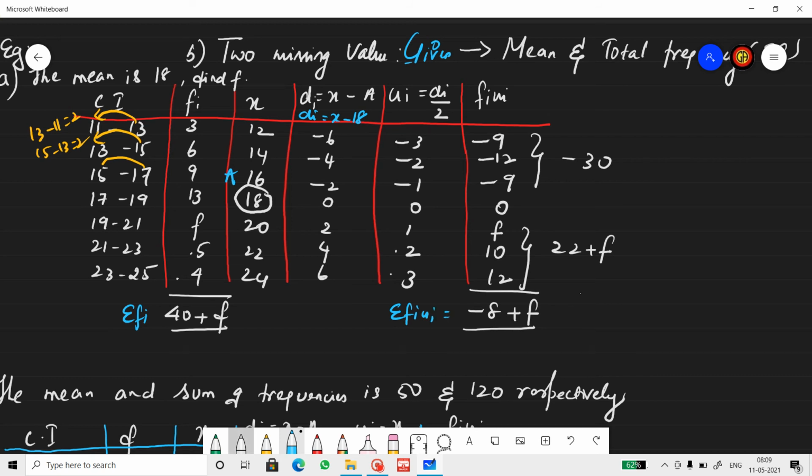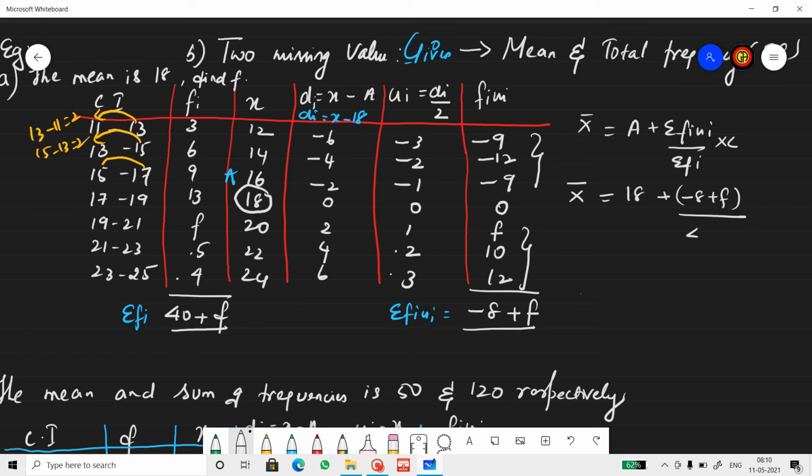Now apply the formula. What is the formula? X bar is equal to A plus sigma fi ui by sigma fi into C. Isn't it? Step deviation method. A we took as 18. Sigma fi ui we got as minus 8 plus f.